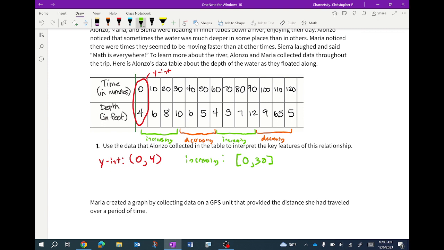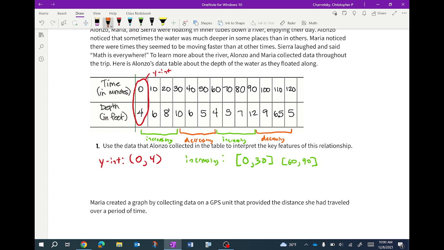Our second interval of increasing happens between 60 and 90 minutes. And this is one of the ways that we would write those intervals. So we'd use brackets indicating that from 0 to 30 we're increasing, and also from 60 minutes to 90 minutes we're also increasing.